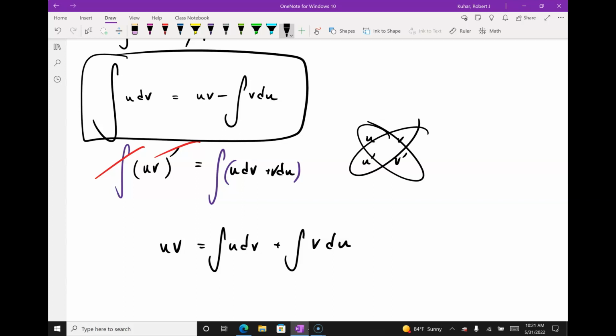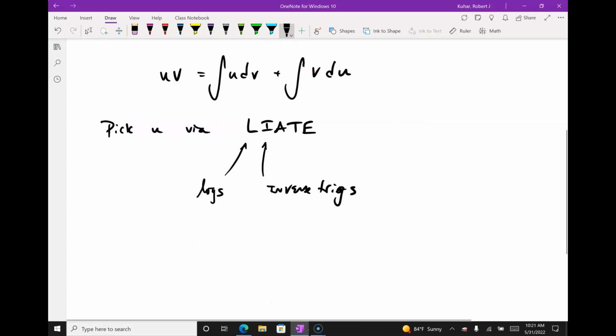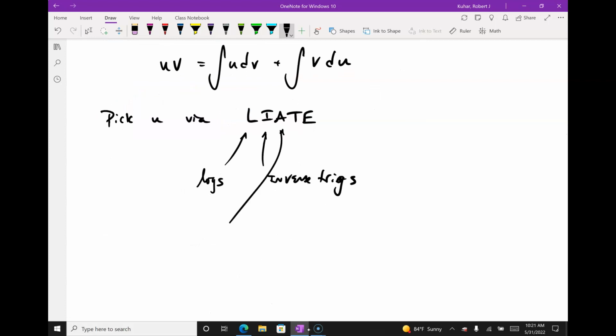So we're going to pick u via LIATE: logs, inverse trigs, algebraic, what's t?